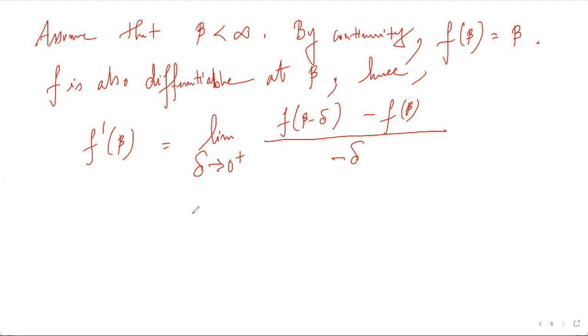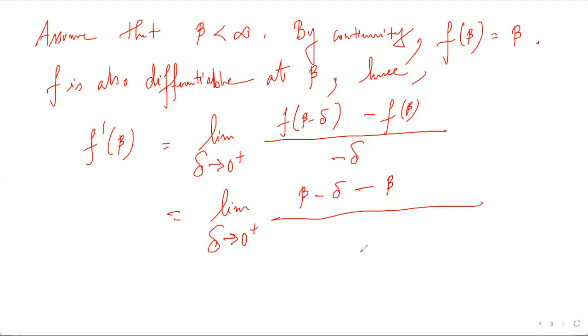Since I am approaching from the left hand side, I have already proved that f of x is equal to x. So this is beta minus delta minus beta, divided by minus delta, which is basically 1.